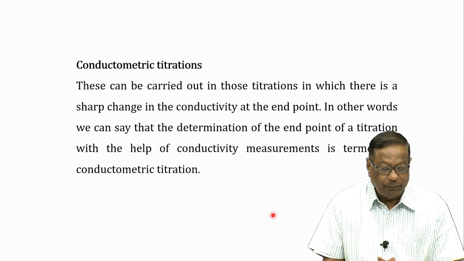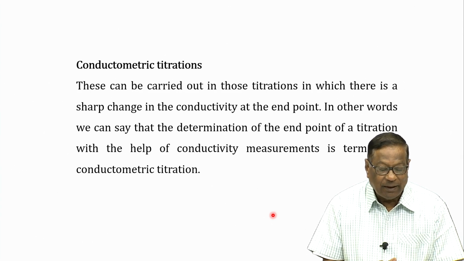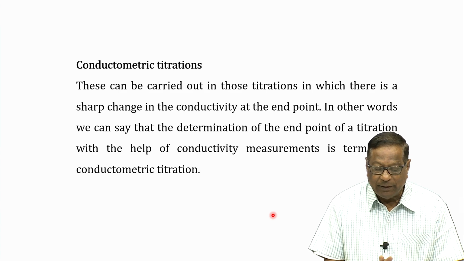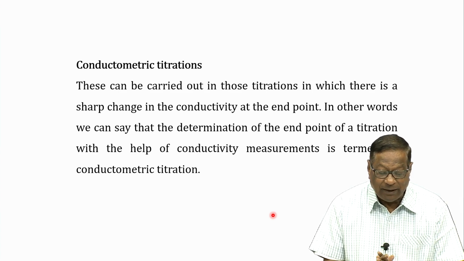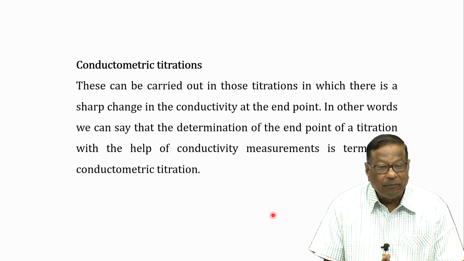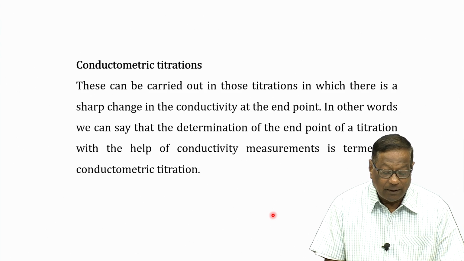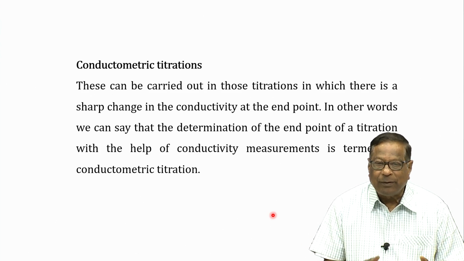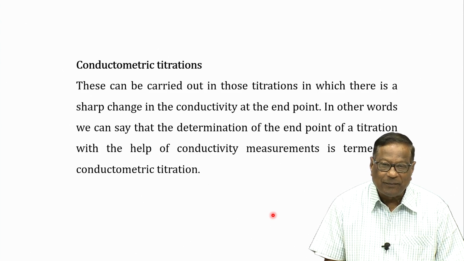So, we can carry out conductometric titrations in which there is a sharp change in the conductivity at the end point. In other words, we can say that the determination of the end point of a titration can be done with conductivity measurement. So, that is conductometric titration.